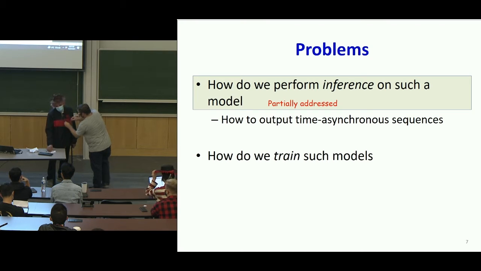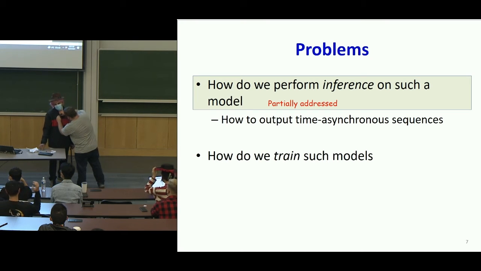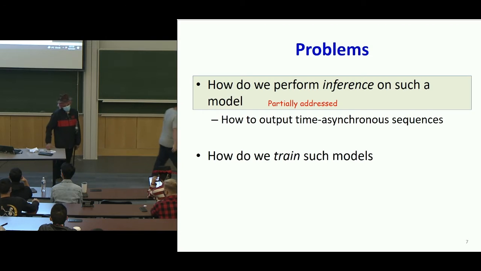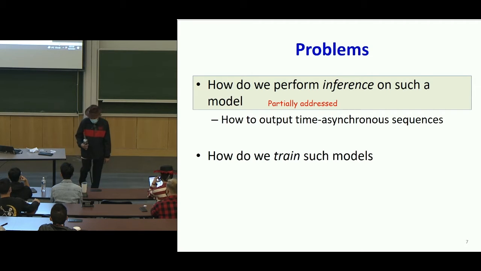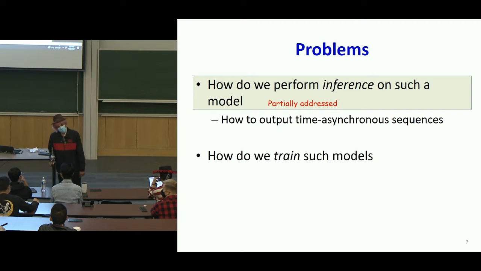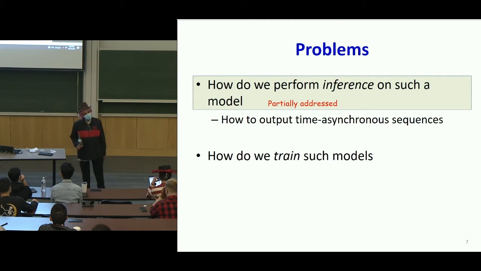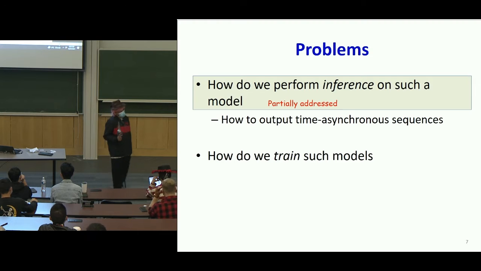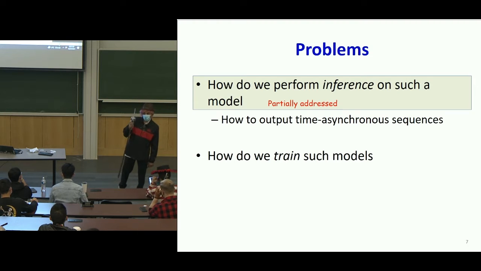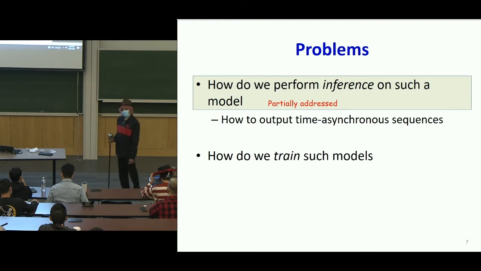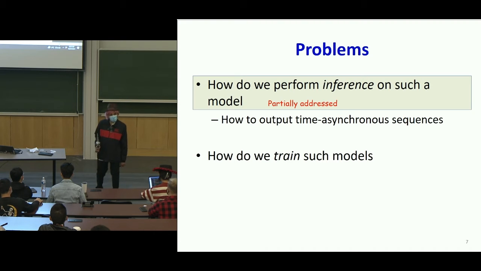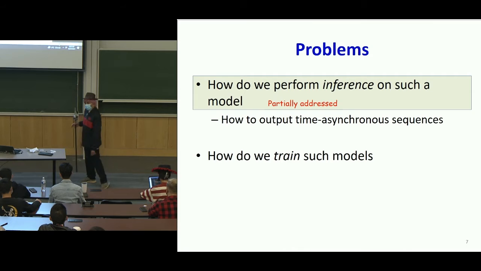We are trying to find the optimal path, but the partial solution we saw was a greedy solution where we picked the most likely symbol at each time and just tried to squish those together.